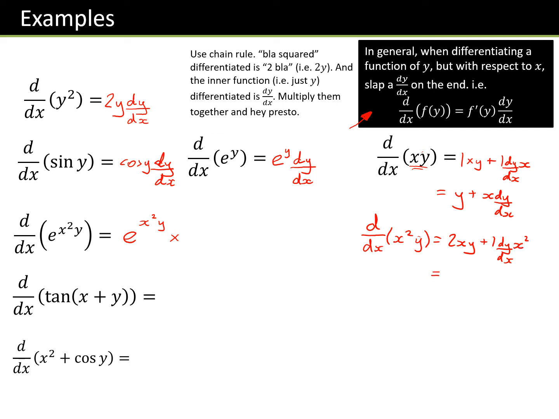So this simplifies to 2xy plus x squared dy by dx. Going back to the original question, this differentiated would be e to the x squared y multiplied by the differential of the power, which is 2xy plus x squared dy by dx.